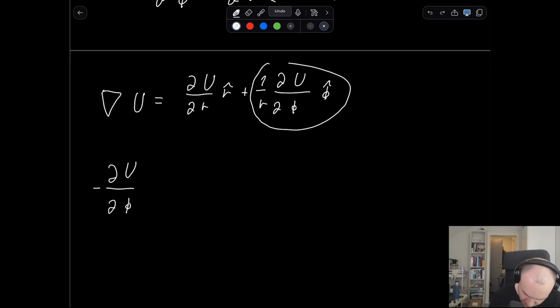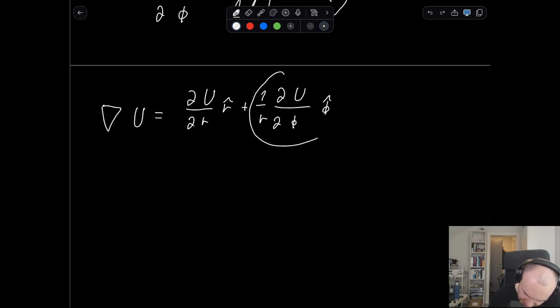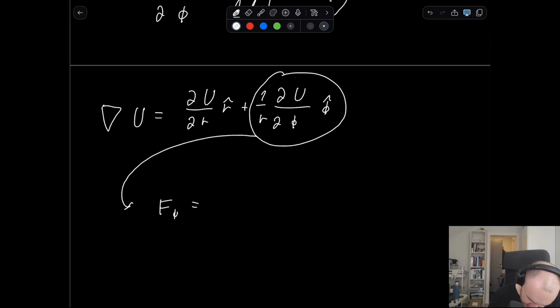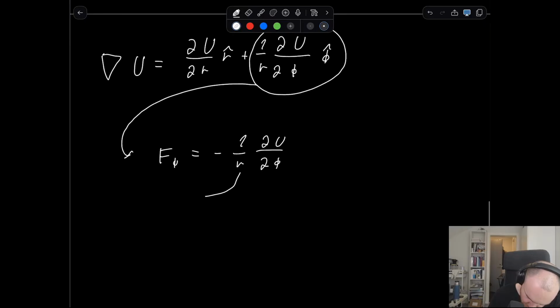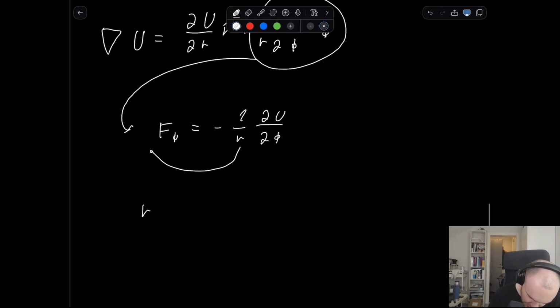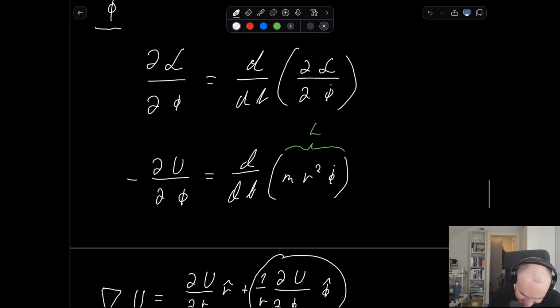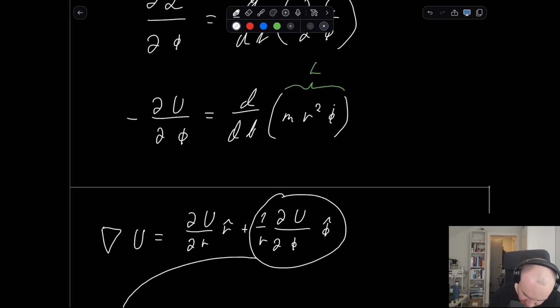It's not the force in the phi direction, but this whole quantity here is the force, which means that the force in the phi direction is equal to minus 1 over r partial u partial phi. And if you move r over there, what happens then? You have r multiplied by F of phi, which is a torque, right? Exactly as we expected.